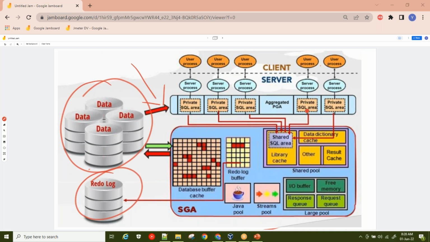Okay. So let's move on to what is the database buffer cache. Now, I think generally you all understand why we are doing this. Because this memory is something which is very expensive, so we can't utilize that every time.